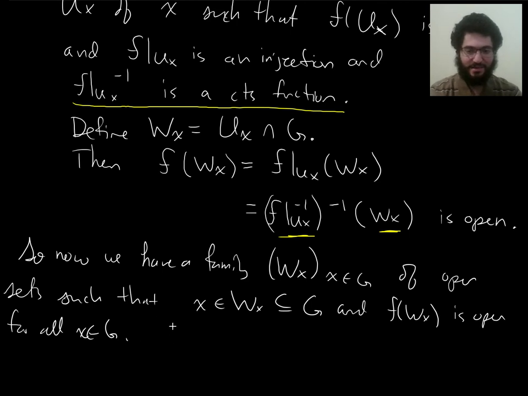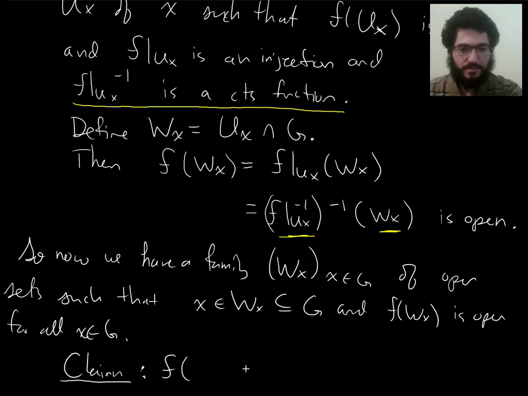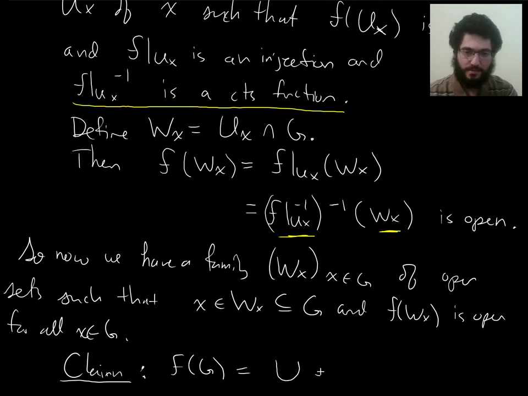All right, then I claim, and these kinds of things you have to think about carefully, that f of G is the union of these open sets.